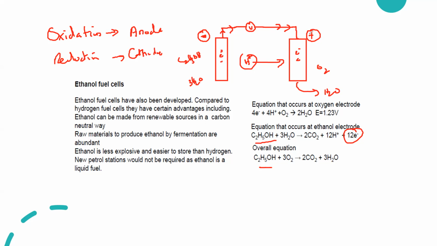Negative and positive are in terms of movement of electrons. In terms of oxidation or reduction, oxidation always happens at the anode and reduction always happens at the cathode. That is why in option A, the ethanol is oxidized, and where oxidation happens, we don't say cathode, we say anode.